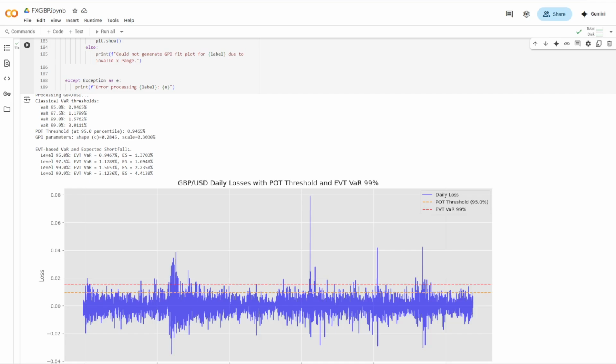So what builds the framework? I have a peak, and the peak value is 0.95% at the 95th percentile. So there is a 5% probability that the pound jumps or falls by 0.95% in one trading day, and I can expect an additional shortfall of 1.37%.